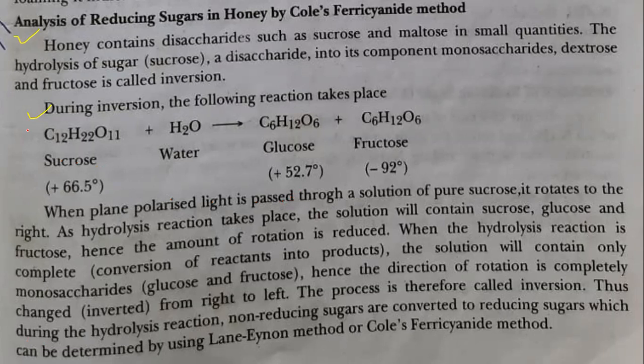In the reaction, you can see sucrose gives you glucose and fructose. What happens when polarized light is passed through a solution of pure sucrose? It rotates to the right-hand side. As the hydrolysis reaction takes place, the solution will contain sucrose, glucose and fructose, all three components in the reacting flask, so the amount of rotation is reduced.